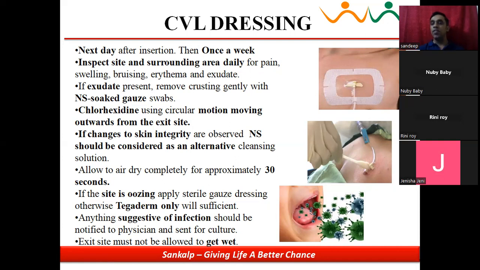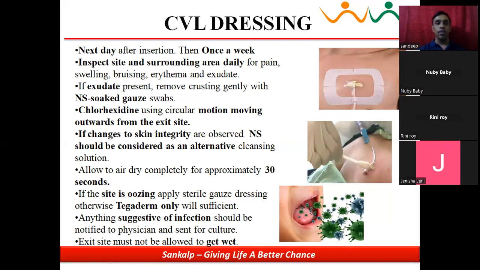Always use the thumb forceps and the artery forceps. With the thumb forceps, hold the gauze piece and take the artery forceps and roll it. Because even if you are wearing sterile gloves, there is a high chance of infection, because you are touching with your bare hands inside the gloves. So always use the thumb forceps and the artery forceps to roll it and clean from inner to outer.